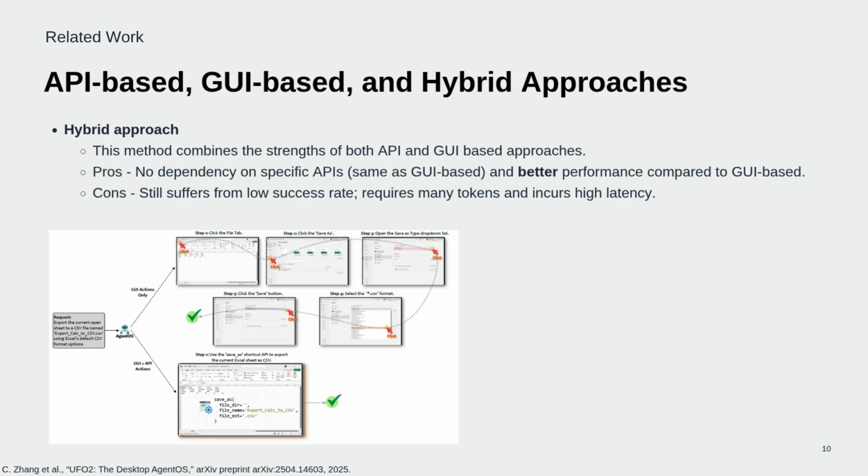With GUI-based agents, when users want to handle some process in an Excel application, they need at least 5 steps to complete the task. But with the hybrid approach, the model figures out that it can finish the work in just one step using the API. So it can shorten the whole latency, reduce the total tokens, and show better performance.